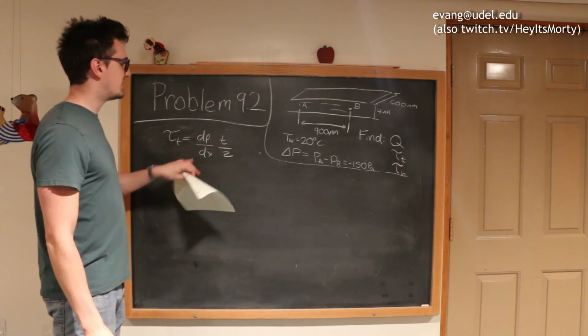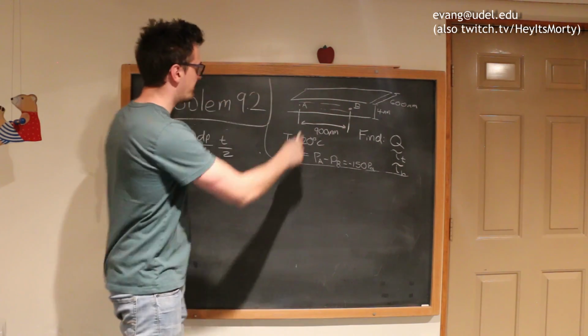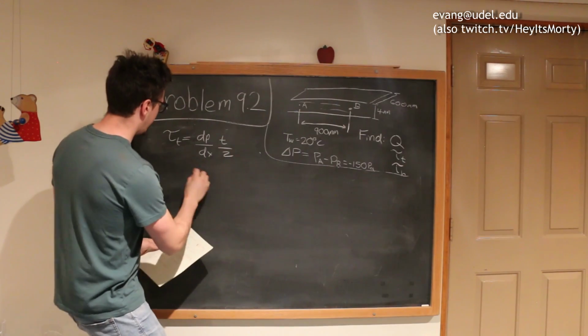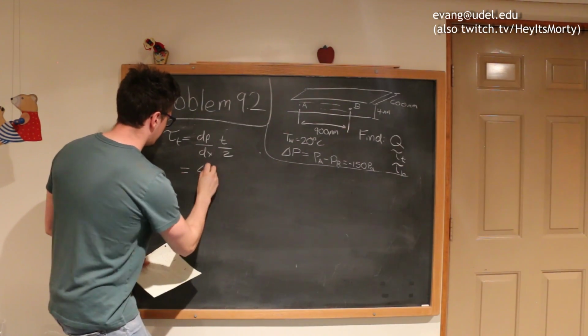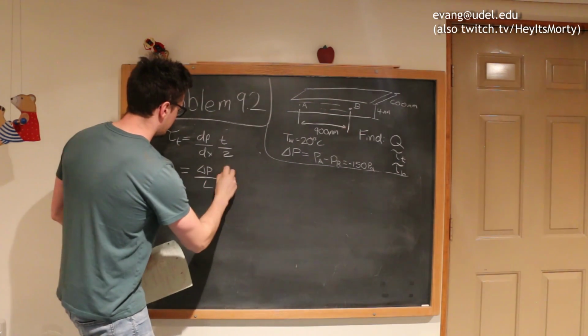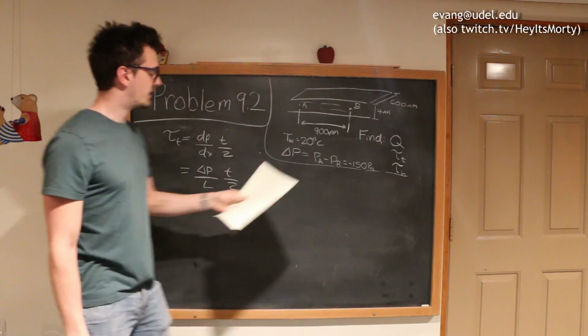Again, if we assume that the pressure differs linearly from A to B, then dP over dx is simply equal to delta P over L. Multiply that by t over 2, where t is the thickness between these two plates.